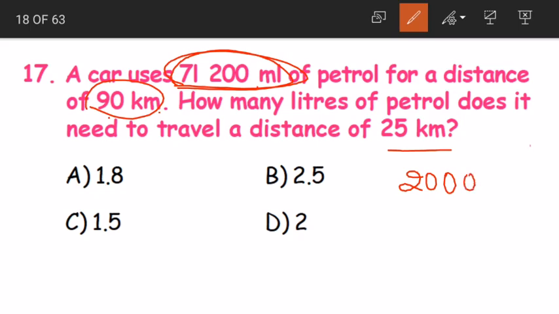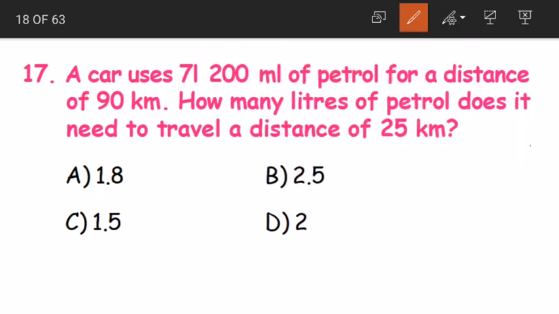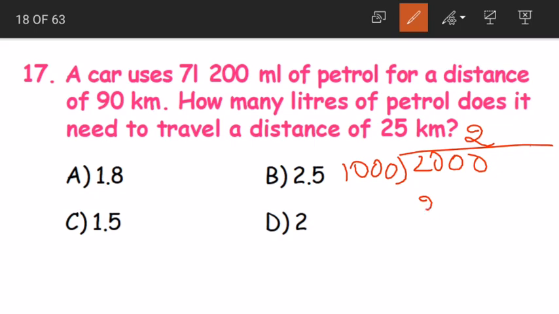2000 milliliters of petrol is used to travel a distance of 25 kilometers, but they are asking us the answer in liters. So we have to convert this into liters, means we have to divide it by 1000. 1 liter is equal to 1000 milliliters. 1000 twos are 2000.